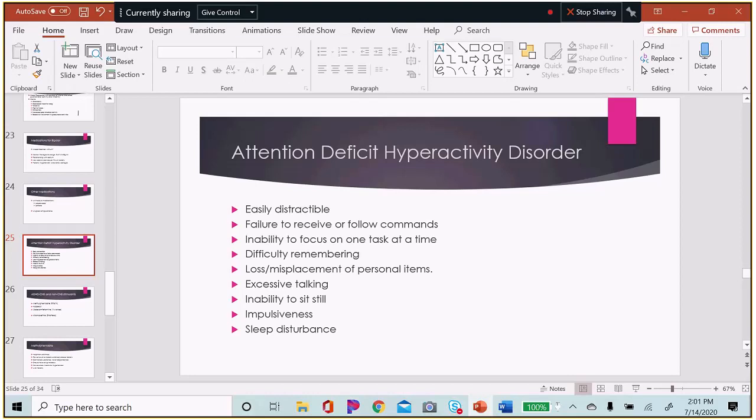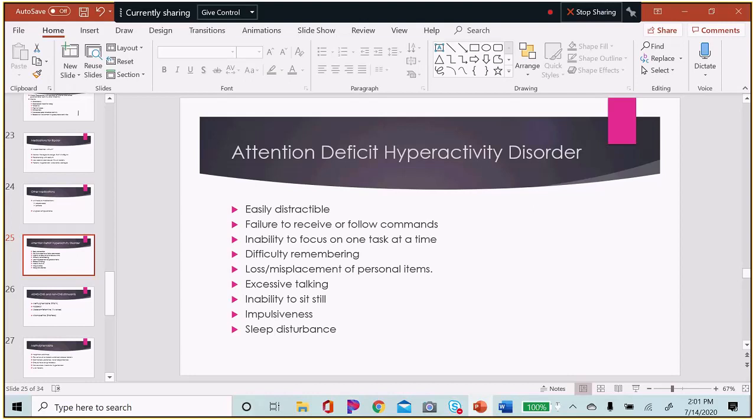Our next disorder, as we leave bipolar, is attention deficit hyperactivity disorder, ADHD. You do have to remember, just like we were talking about with depression and anxiety, that there is a range of presentation of every disease, especially for mental health.